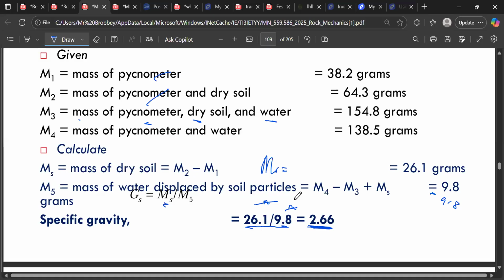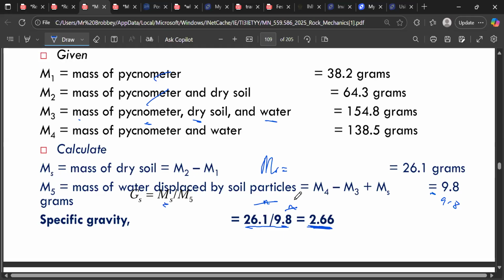Okay, so you're asking why I'm saying M4 minus M3 and not M3 minus M2. Why? What do you want to find? Let's see what you want to find, and why you are going to say M3 minus M2.